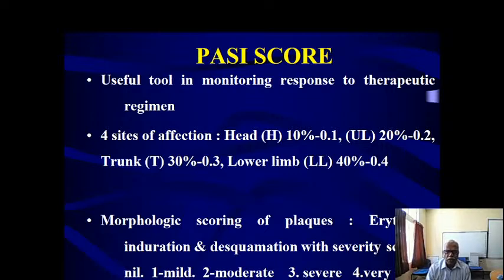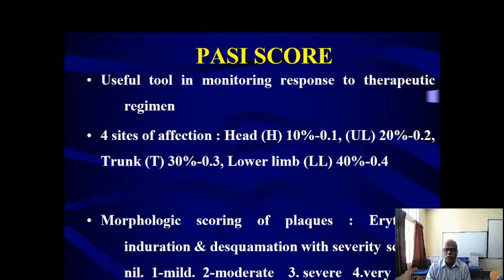And usually we select 4 sites, that's the head, upper limb, trunk and lower limb. We see how much percentage each is involved. So the maximum score is for lower limbs, followed by the trunk, then upper limbs, lastly head.